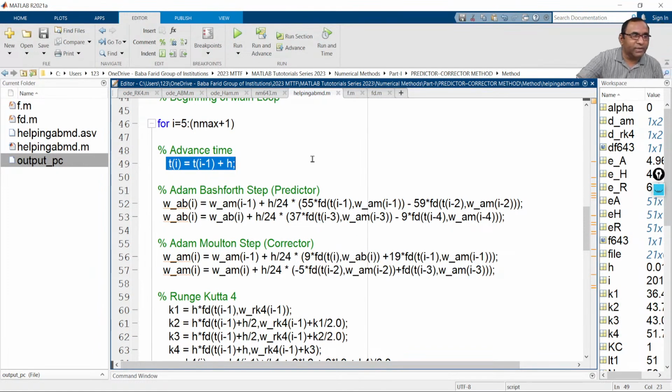So when we have i equal to 5, this will be t_5, and t_5 will be equal to t_4 plus h, where h is the step size.